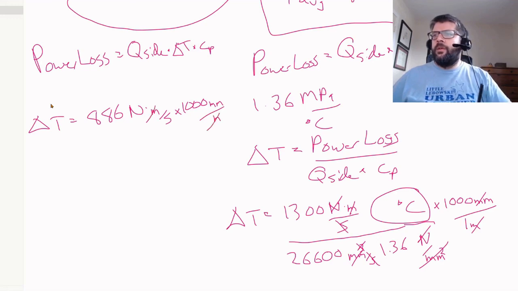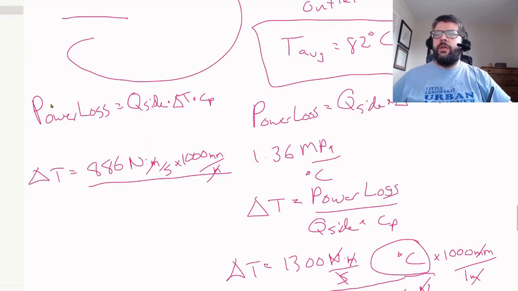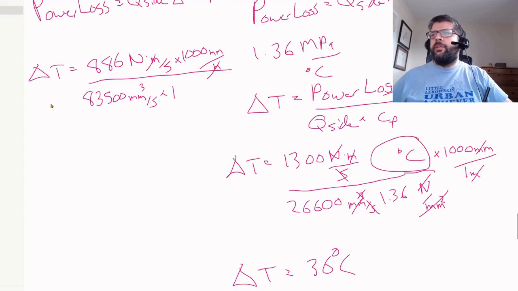All divided by the side flow for this case, which was 83,500 millimeters cubed per second times our CP, 1.36 newtons per millimeter squared degrees Celsius.